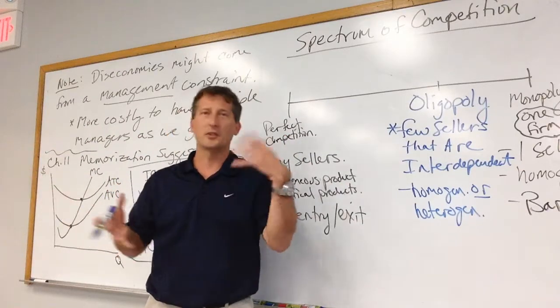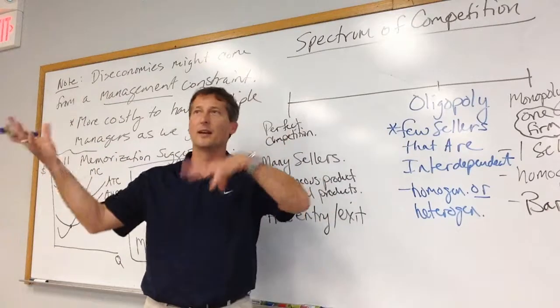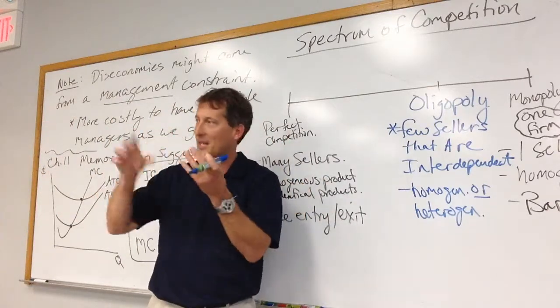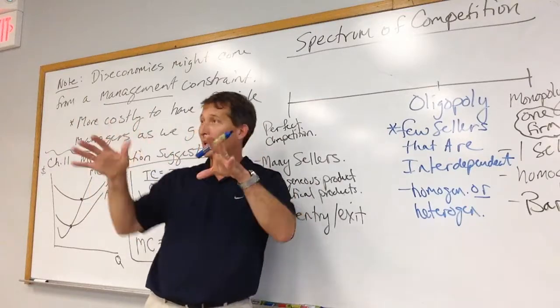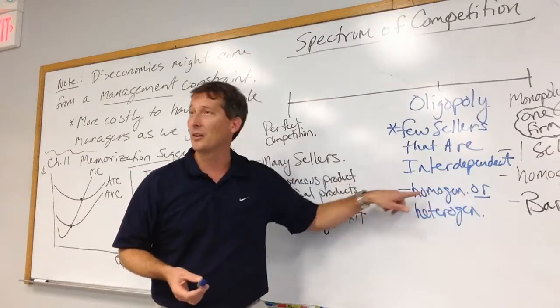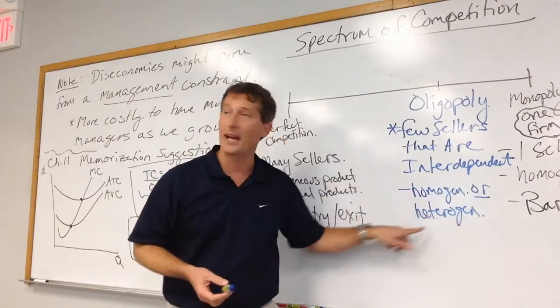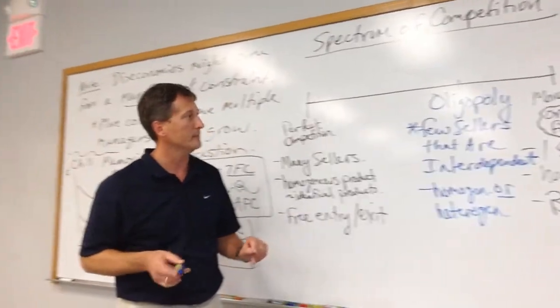McDonald's hamburger versus Burger King hamburger, the iPhone versus the HTC. You can pick them up, you can dial, you can call people, you can surf the internet. The smartphones are all pretty good substitutes for each other, but they're not identical. They're not homogeneous. They are heterogeneous, slightly different from each other.